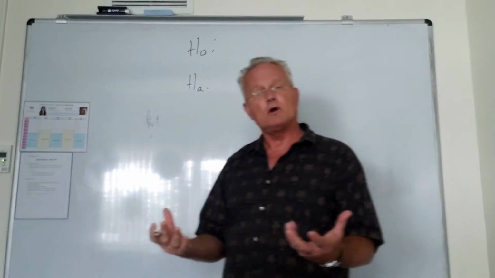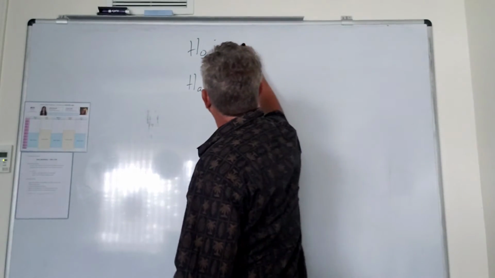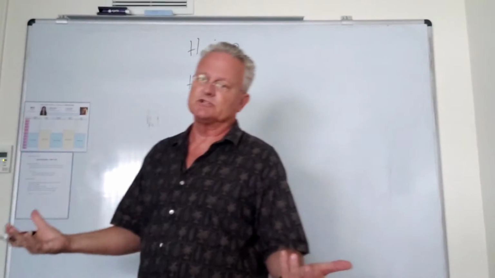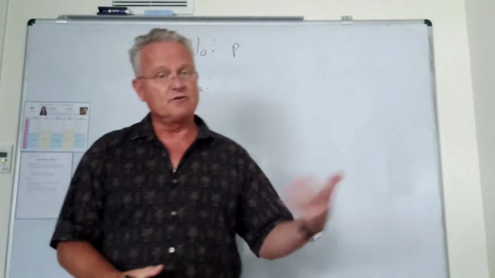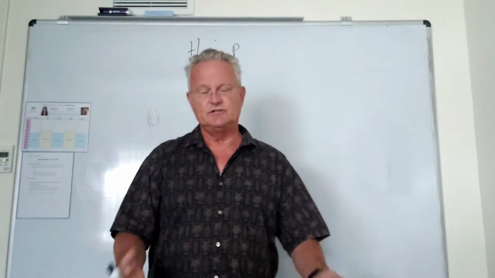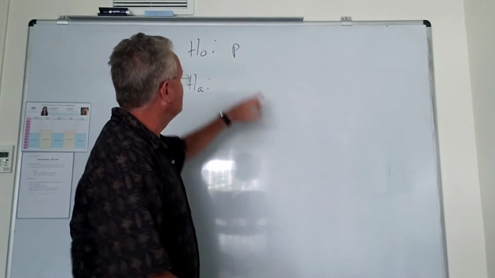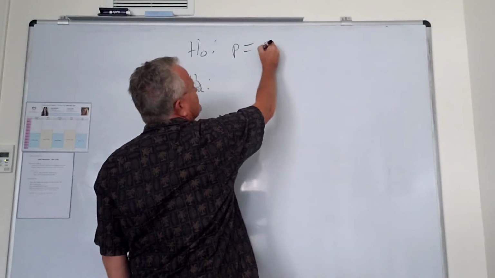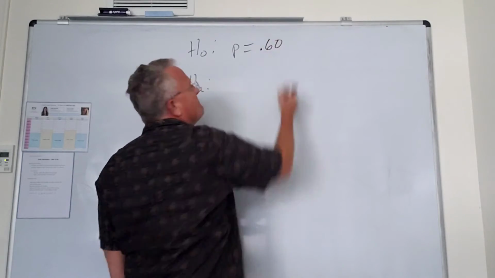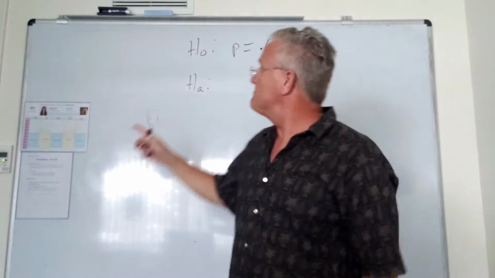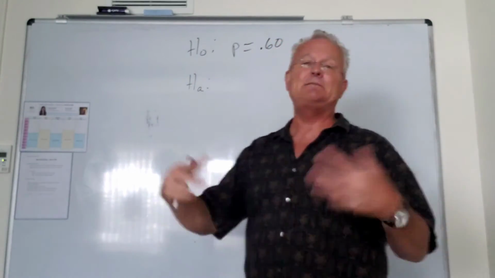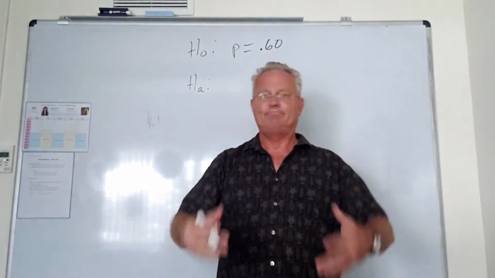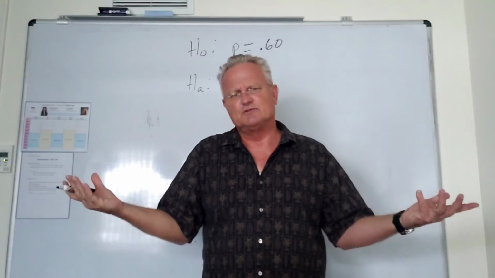So for proportions, we use this letter P for proportion. We're going to use a different letter later on for average and things, but for proportions we use P. And the proportion might be, I don't know, I'm just picking this out of thin air, 0.60. Maybe some company claims that 60% of the time this or that happens, or who knows what.